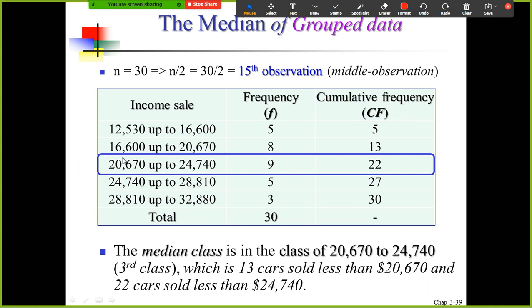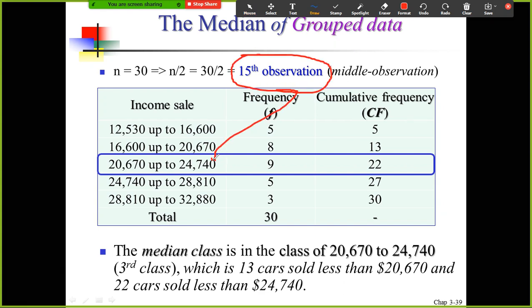That's why class 3 is the median class, because the 15th observation is in class 3. When you know the median class, you can know LME. What is LME? This is LME.